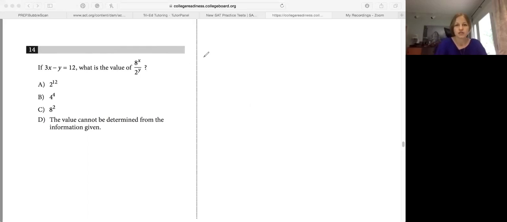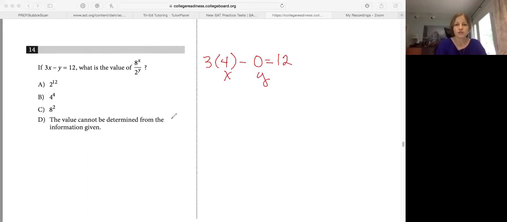So the easiest thing to choose would be x equals 4. My y would have to be 0 in order to give me 12, right? So this is my x, this is my y.